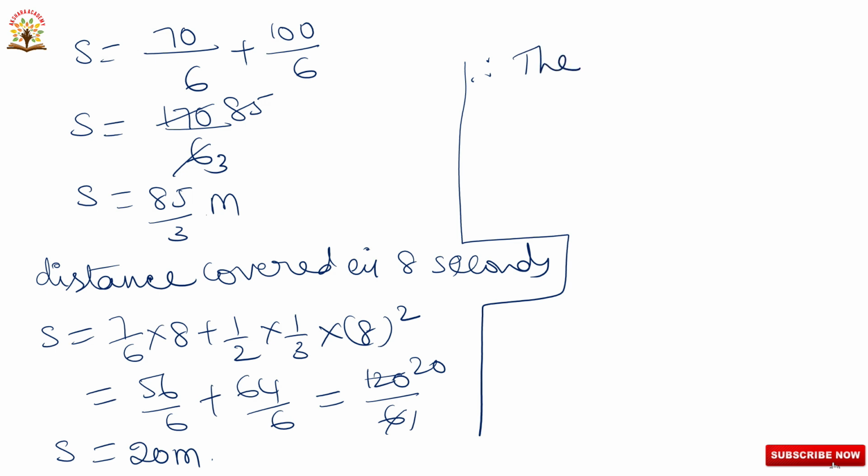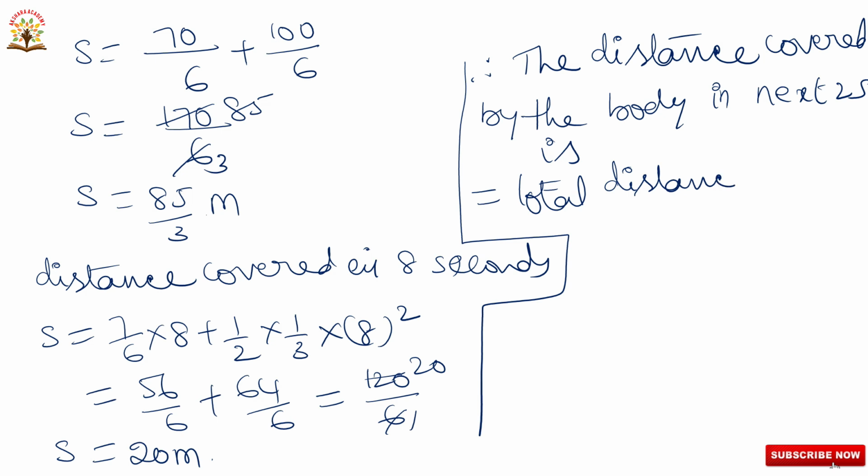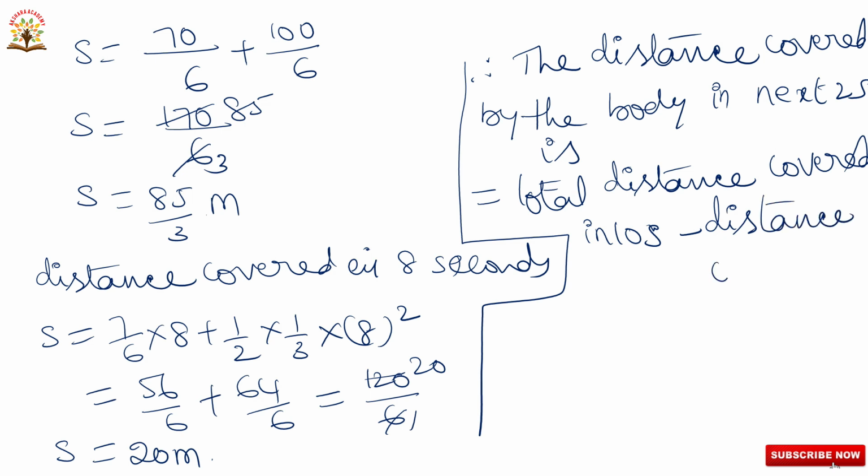Therefore the distance covered by the body in the next 2 seconds is equal to the total distance covered in 10 seconds minus the distance covered in 8 seconds.